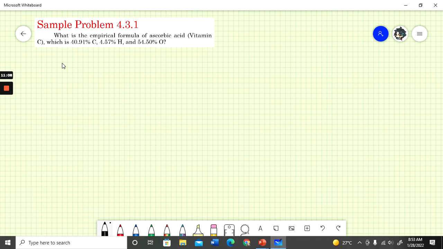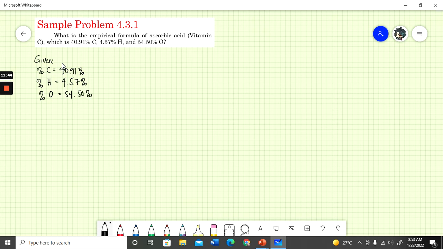What was given in this sample problem is the percent composition of each individual element: percent of carbon equals 40.91%, percent of hydrogen equals 4.57%, and lastly percent of oxygen is 54.50%.